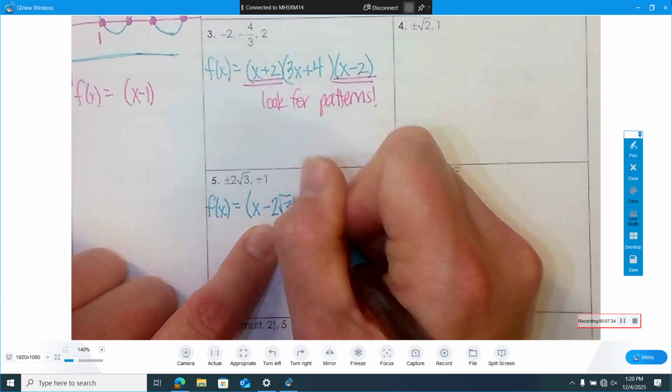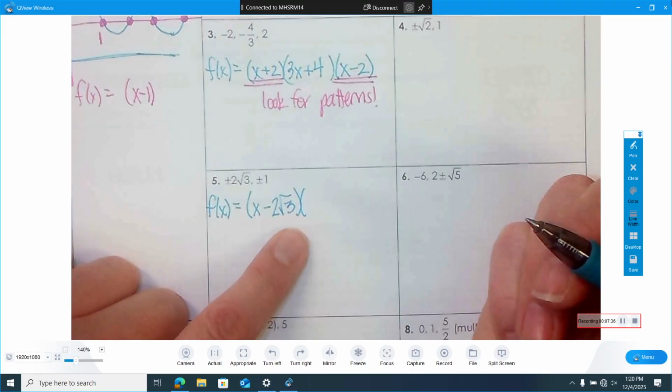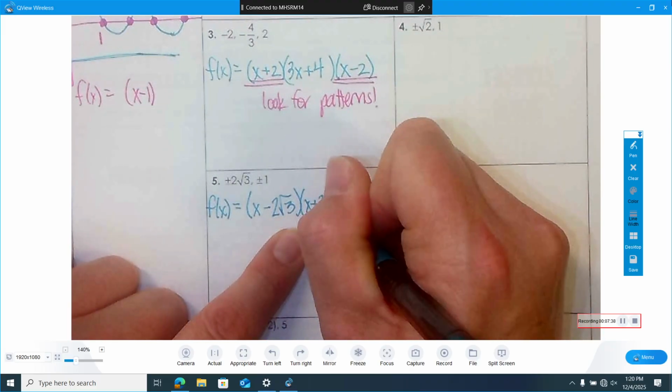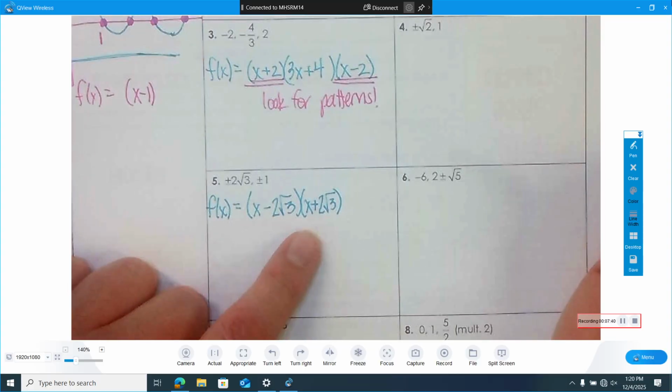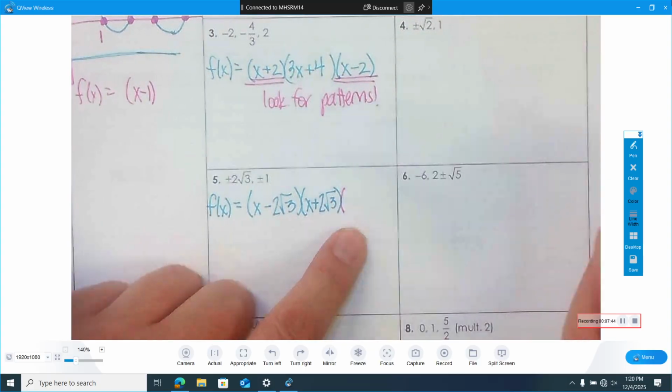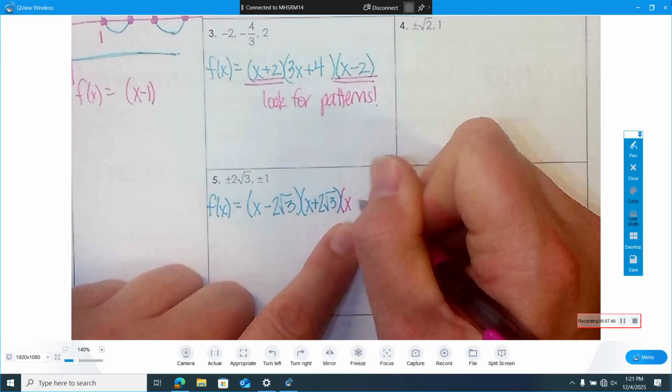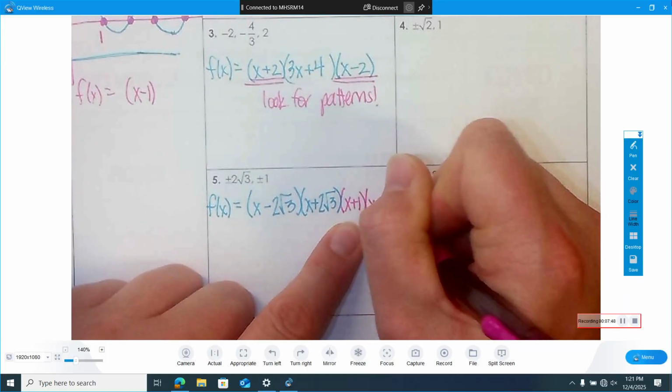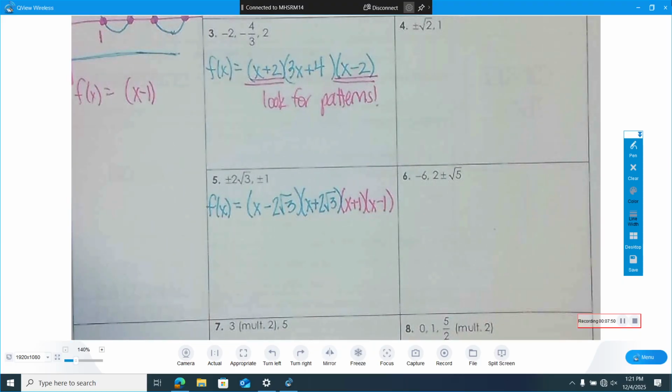X minus 2 radical 3, and then x plus 2 radical 3, yes. And then we have plus or minus 1, so what bubbles for those? Yeah, x plus 1 and x minus 1. Good. All right. So 4 bubbles because we had 4 factors.